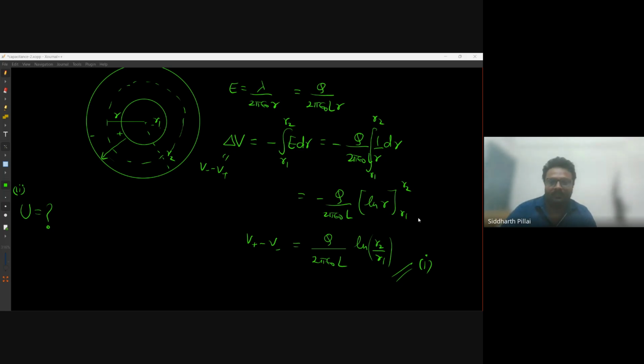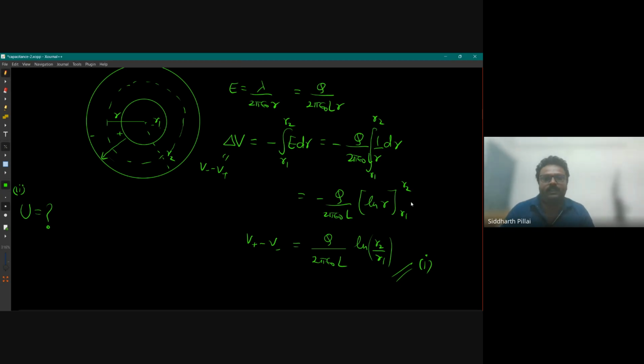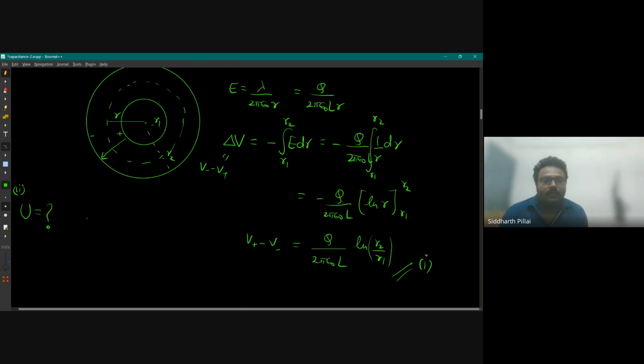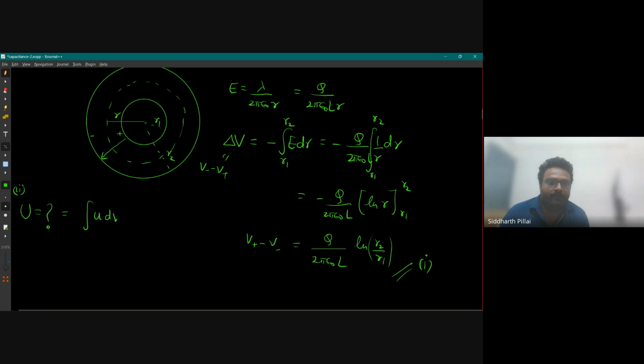Okay, so again, typing it might be slightly tedious, so let's just start solving this. Electrostatic potential energy, I can use the formula here as the integral of u into d tau, where this is the volume element.